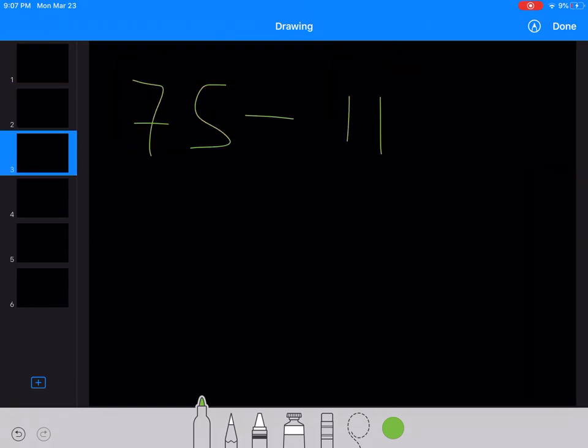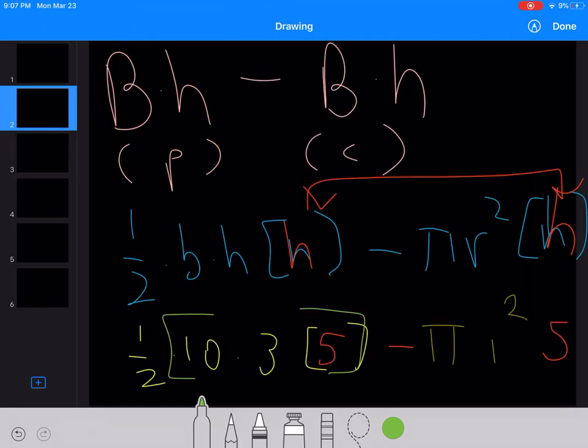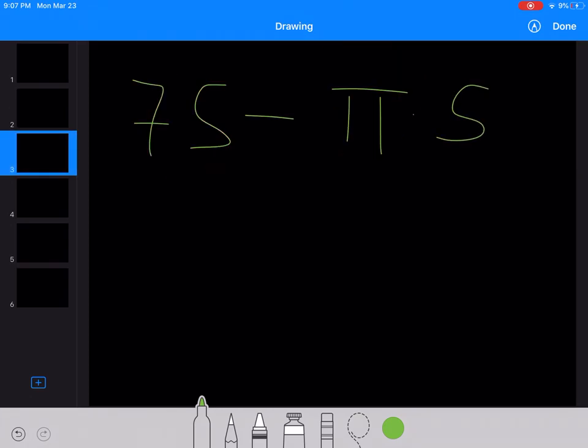And pi times 1 squared times 5 is just 5. And you're allowed to use your calculators here. I did that calculation a little quick, but you're allowed to use a calculator to help you with your assessments on this type of activity.